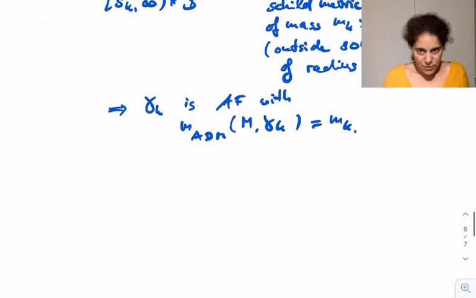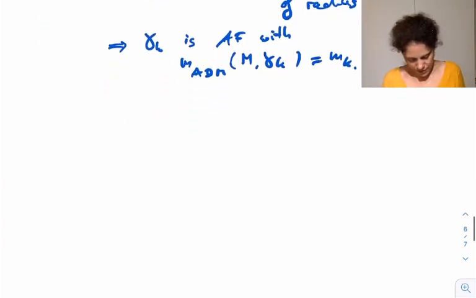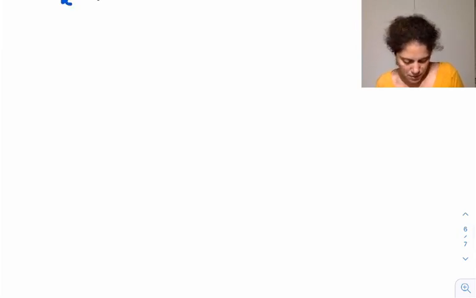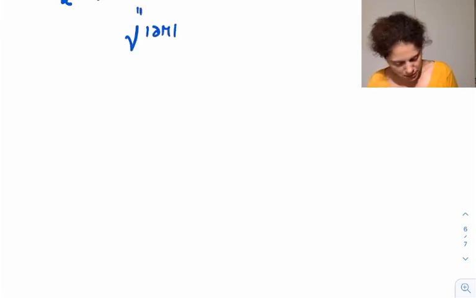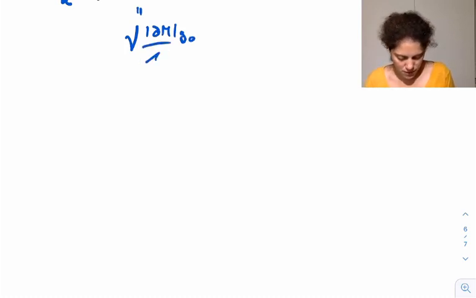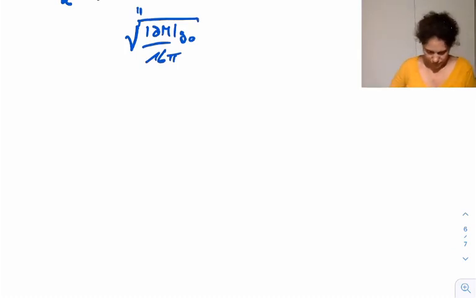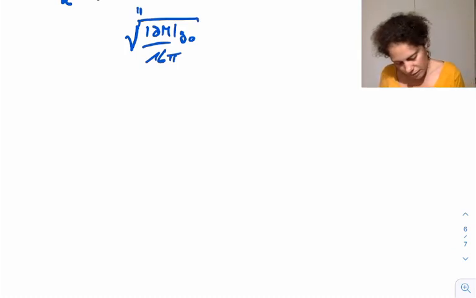And these numbers, furthermore, these numbers mk converge from above to a number m infinity, which is still positive, and which turns out to be the area of this boundary with respect to my given metric g0 divided by 16 pi. The sk goes to infinity.